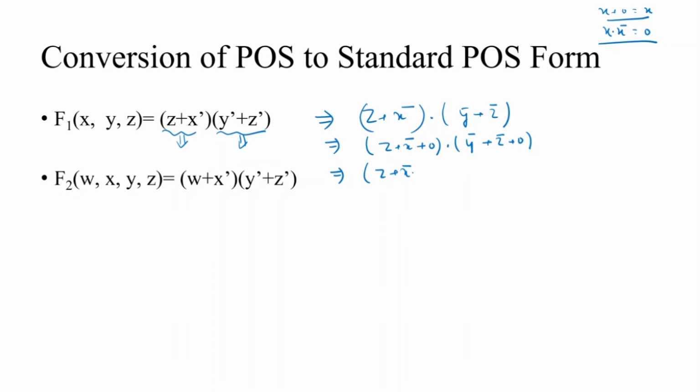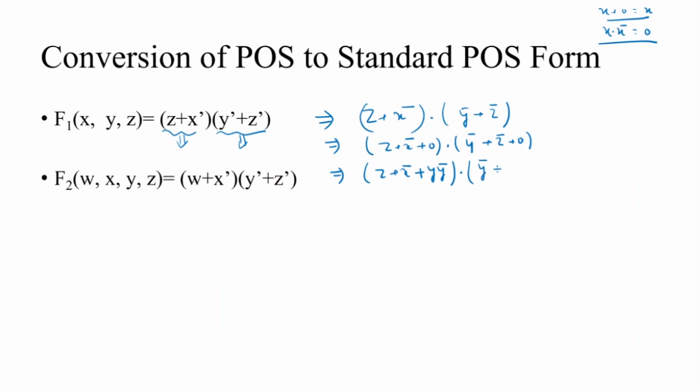Since y is absent, this 0 is represented by y into y complement. Then this is y complement plus z complement. In this OR term, the variable x is absent, so this 0 is written in the form of x into x complement. This means this is what?